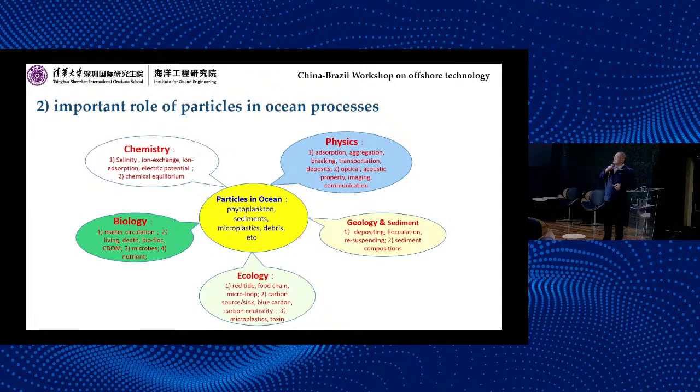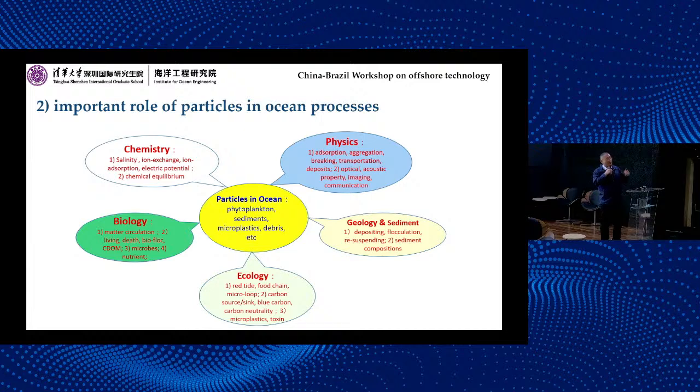Here in this slide, I want to show the important role of particles in the ocean processes, including the physical, chemical, biological, and ecological processes, everything.